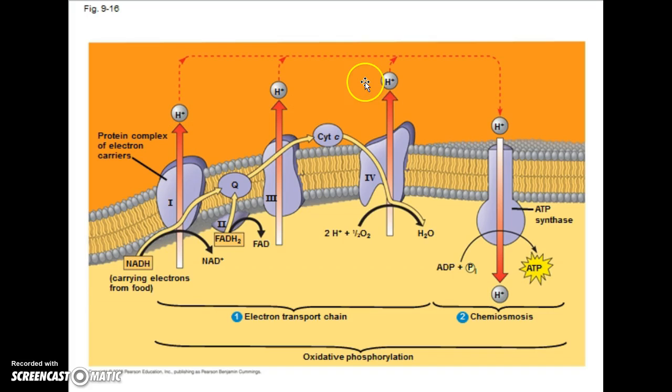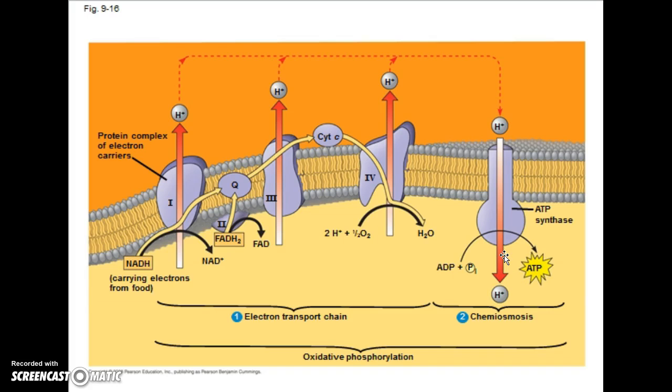And that creates the concentration gradient necessary for the hydrogen ions to go back down through the ATP synthase to crank out the ATP that we see going on here. This process of chemiosmosis will produce a total of 26 to 28 ATP. And recall that earlier productions of ATP were much lower, 2 ATP.